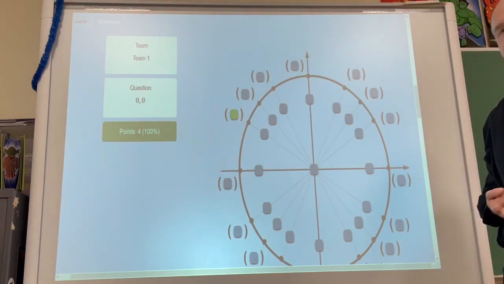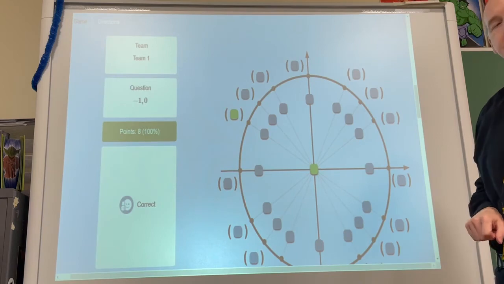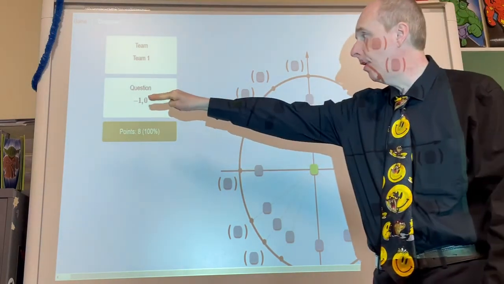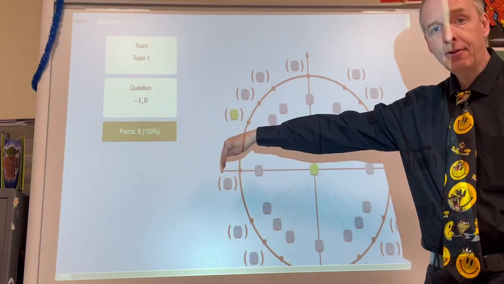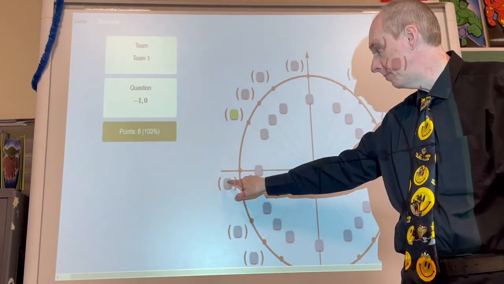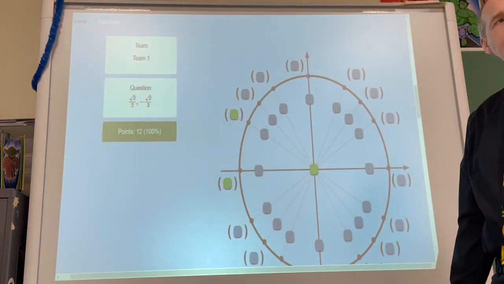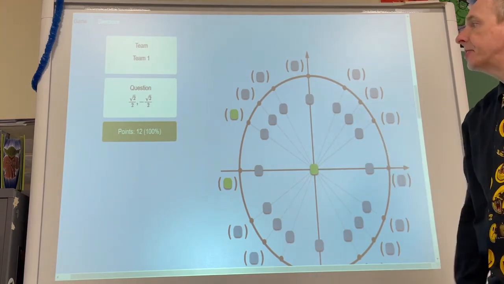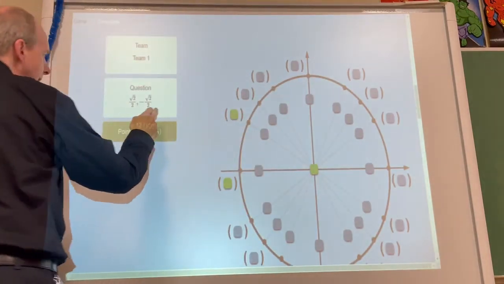0, 0, where is 0, 0? Yes, right there. Negative 1, 0, where is negative 1, 0? Let's see, negative 1, 0. Remember, on the outside are the answers. Radical 2 over 2, negative radical 2 over 2. Well, let me see what happens if I make a mistake, all right? Let's see, cosine is positive, sine is negative.